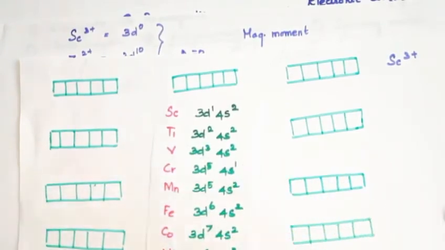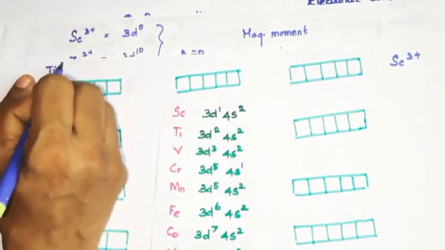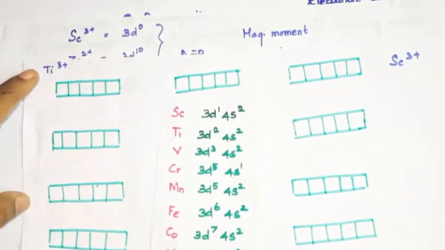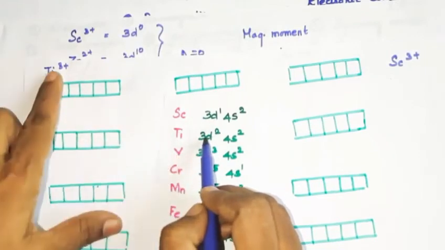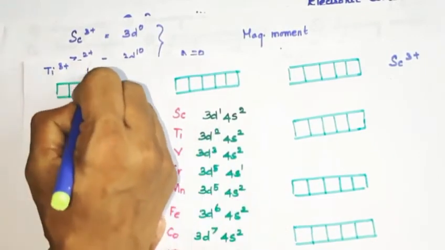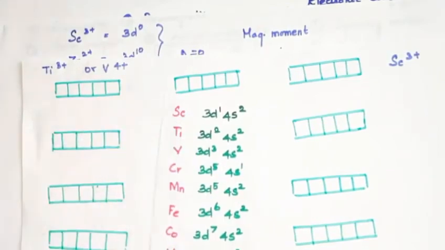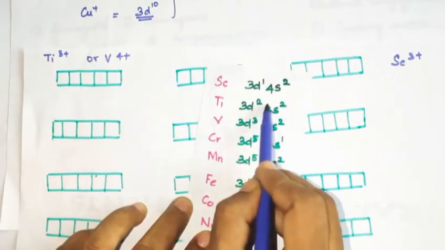Titanium is 3d2 4s2. So titanium 3 plus is 3d1, and also vanadium 4 plus is 3d1.